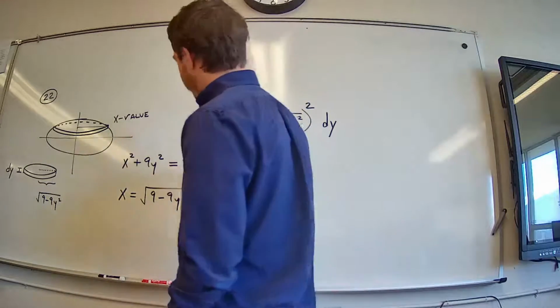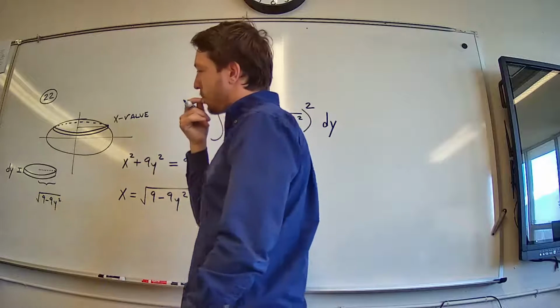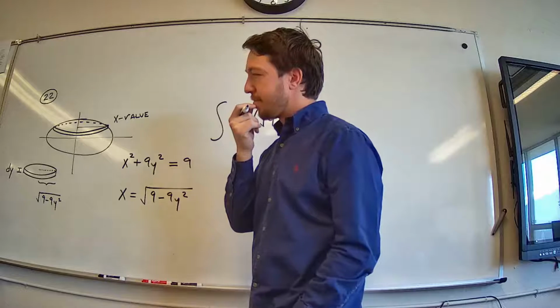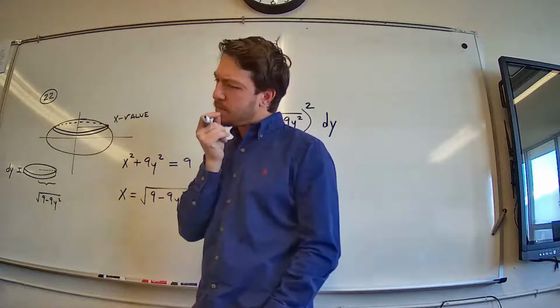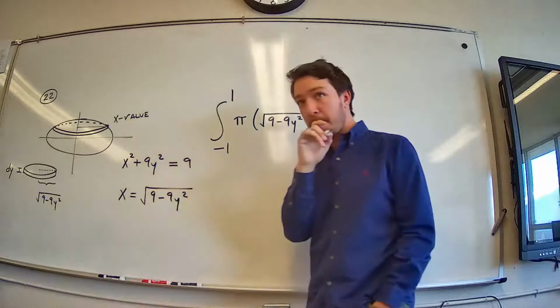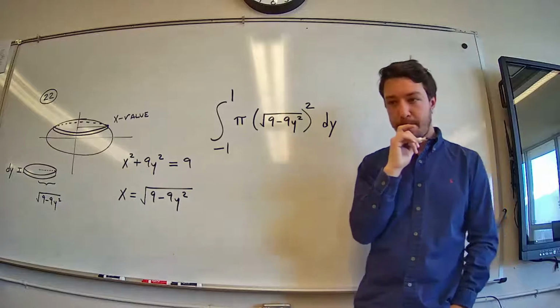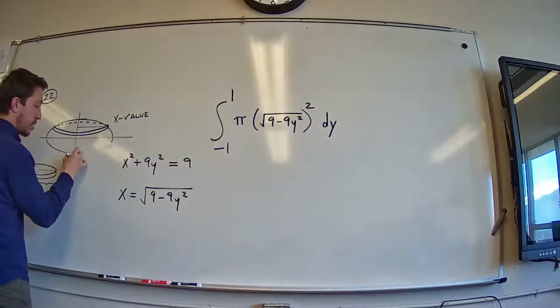Bounds of integration. Negative 1 and 1. Negative 1 to 1. We see why? Look at where the first disk is.